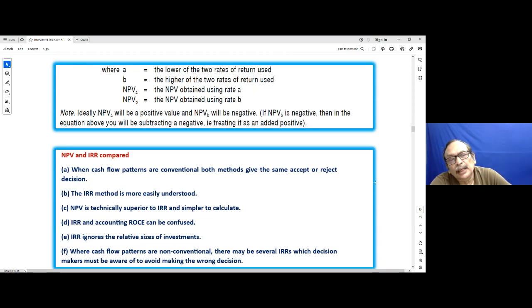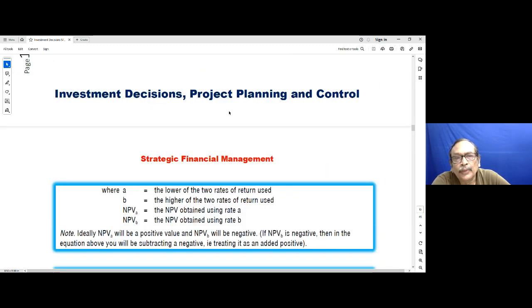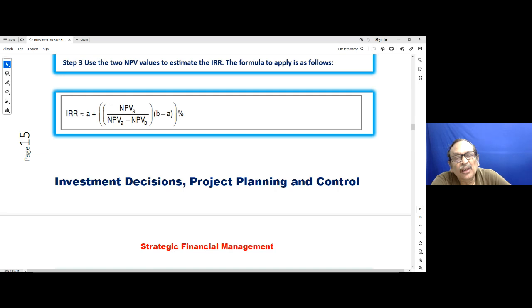Ideally, NPV A will be a positive value and NPV B will be negative. If NPV B is negative, then in the equation above, you will be subtracting a negative, that is, treating it as an added positive.